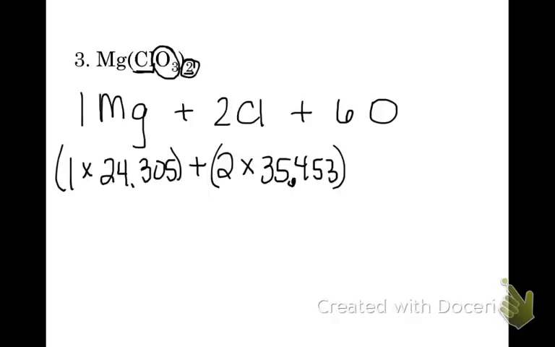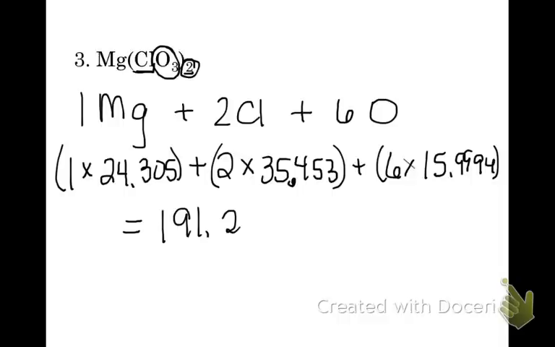That's a decimal. Add that to 6 oxygens. 6 times 15.9994. Go ahead and punch that into your calculator. Alright, so when you add these all together, multiply and add them together, you have 191.2074, and again the units are grams per mole.